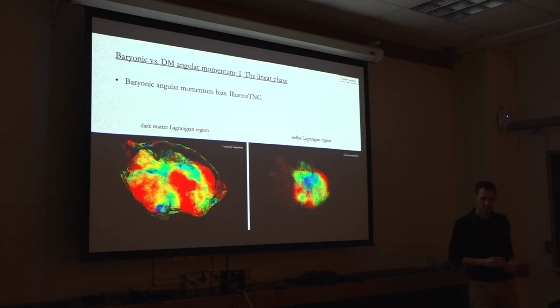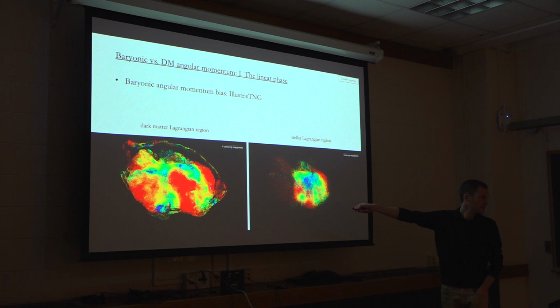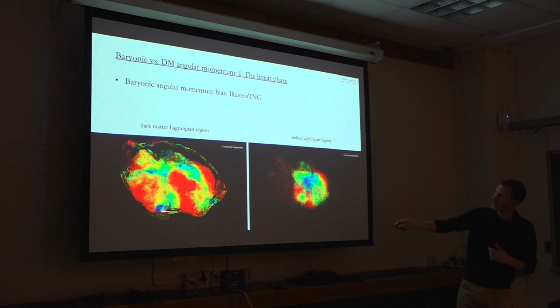So just to get an image of what this looks like, this is in the initial conditions, a region, so essentially all the particles that will end up in a spherical halo. This is what it looks like for one example, again colored by angular momentum, and this is for exactly the same halo, but now just taking all the tracer particles, if you want to get technical, of baryons that will be locked inside stars in the final time.